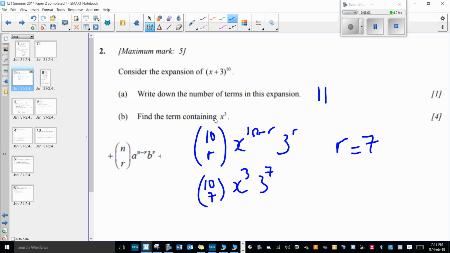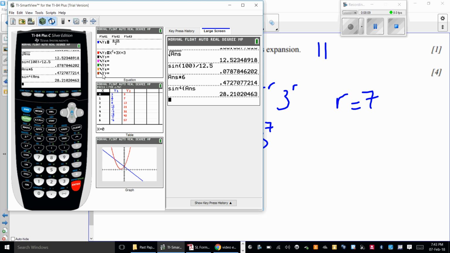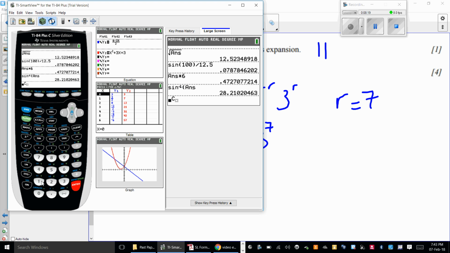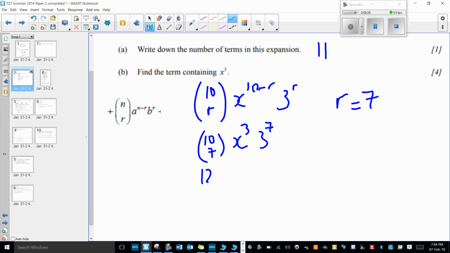So we're going to use our calc to find these numbers now. So we need 10 choose 7, so remember math, probability, nCr. So we want 10, 7, that's the number 120, x cubed, and then we also obviously need to find 3 to the power 7.